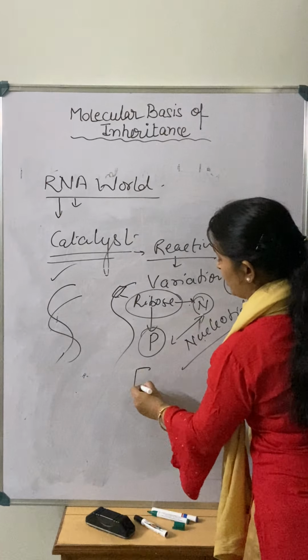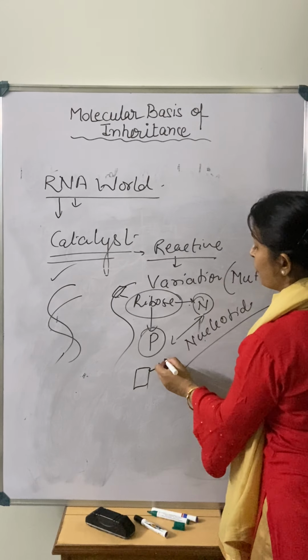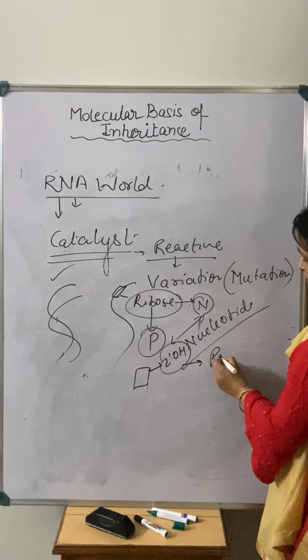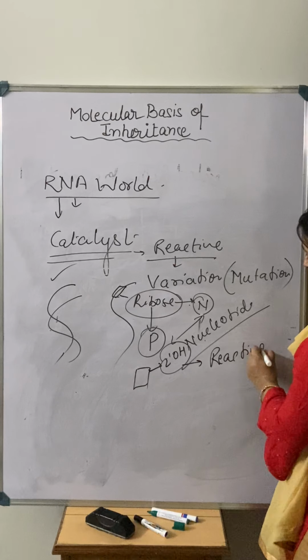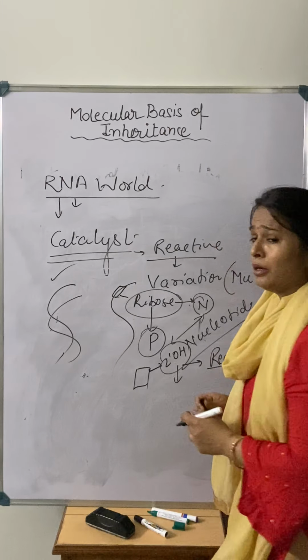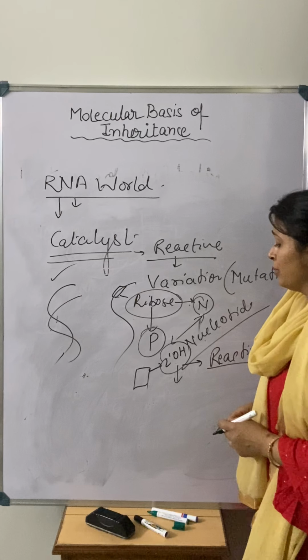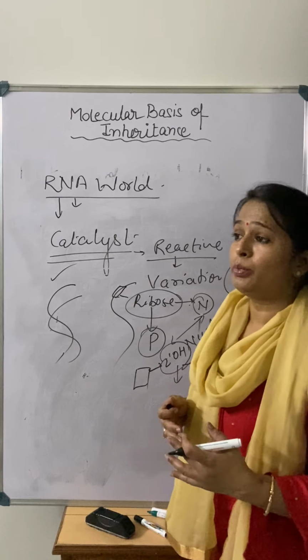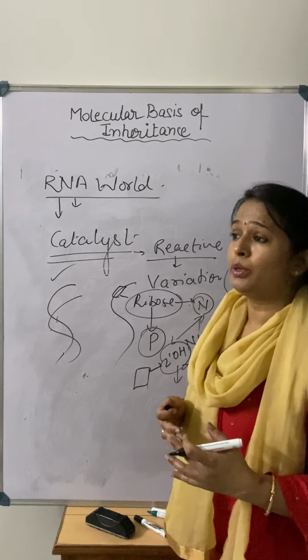Each nucleotide in RNA has a free 2' OH group, and this is very reactive. Due to this reactiveness it is going to react with everything, and this is not a stable genetic material. It is going to mutate very fast. It is not stable.